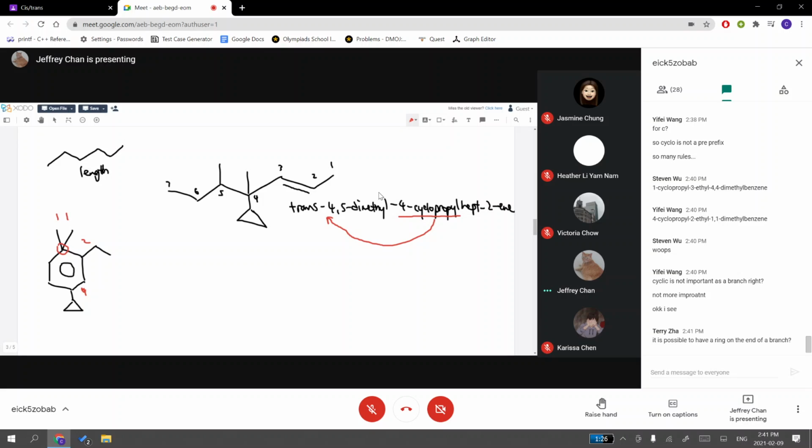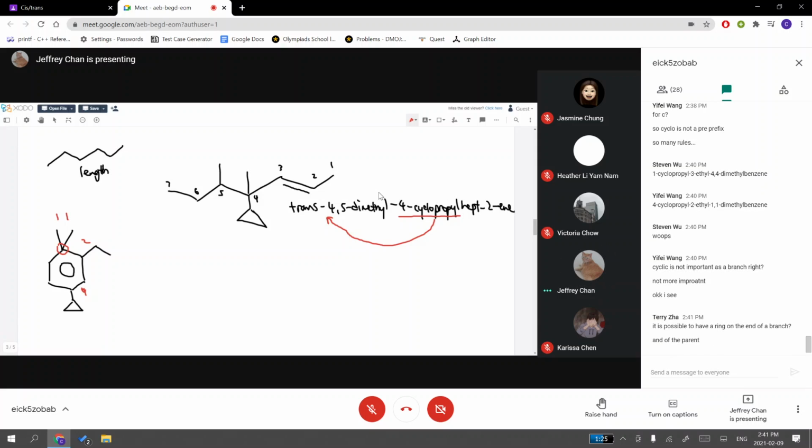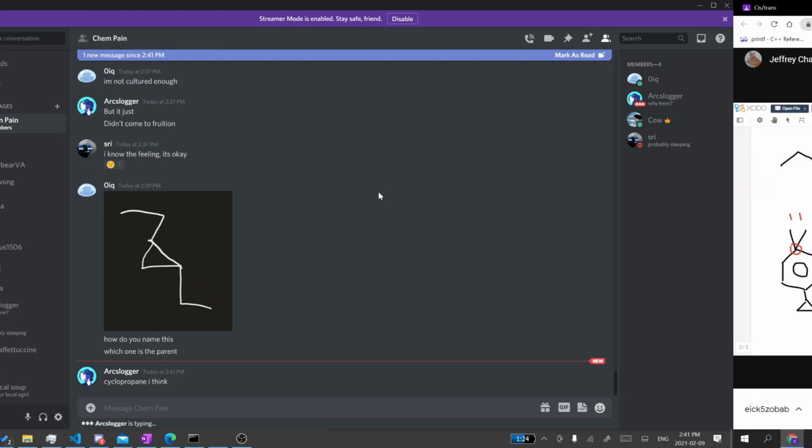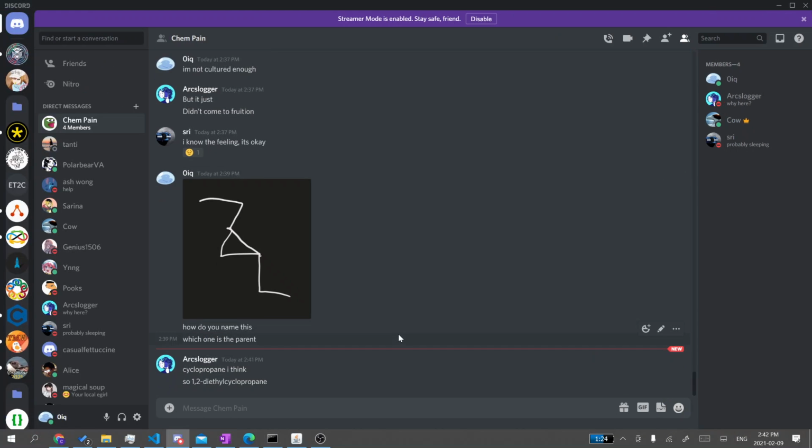Is it possible to have a ring on the end of the branch? Yes, it's possible. With organic, there are endless possibilities. You can think of it like this, right? This is kind of at the end as well.